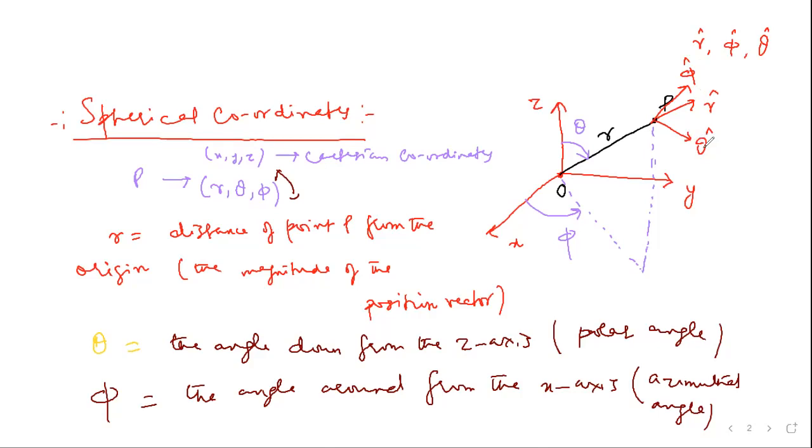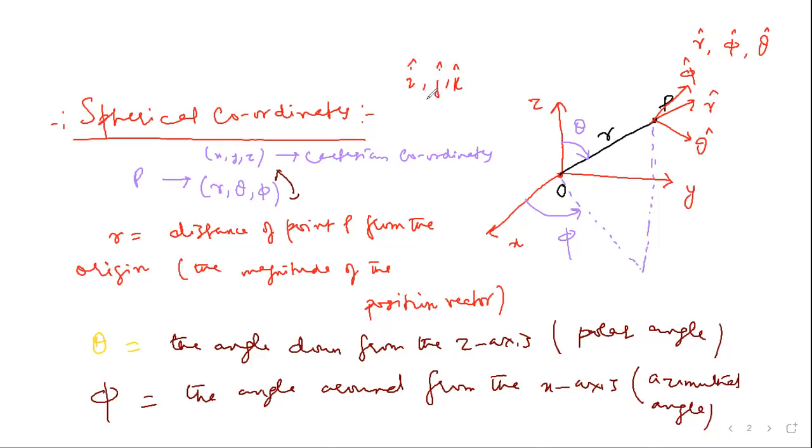These three unit vectors, r cap, theta cap, and phi cap, form an orthogonal basis set. That means they are mutually perpendicular to each other, like the unit vectors we use in the Cartesian coordinate system, i cap, j cap, and k cap. You can write any vector in terms of them.